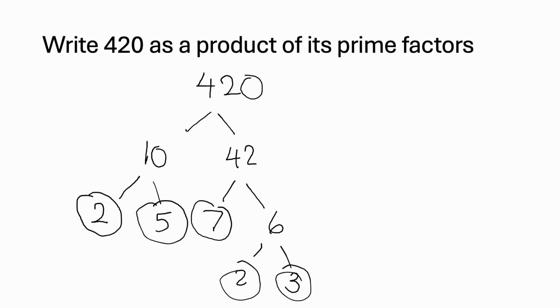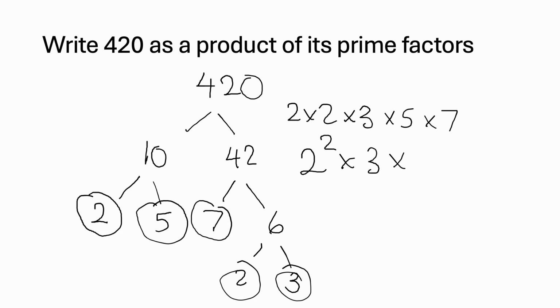Okay, so now we've got 2 times 2 times 3 times 5 times 7. How many 2's? 1, 2. Yep, 3. Yep, 5 and 7. 2 times 2 is 2 squared, so 2 squared times 3 times 5 times 7 are its prime factors.